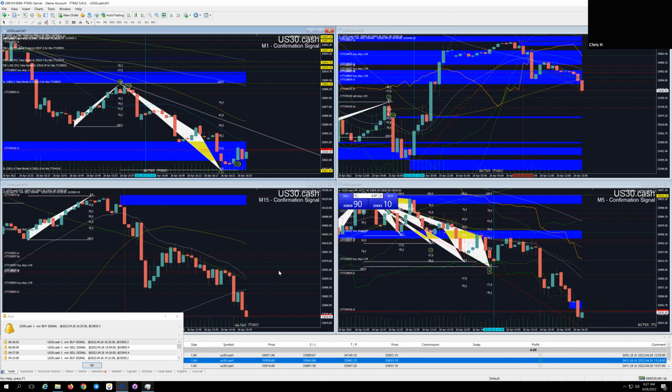Right. And that's where it's really good, because if the LB doesn't play out properly, like for example, in these scenarios here, we got an LB here, we got an LB here, we had an LB here. They're not playing out. We're thinking price will shoot up because we're getting an LB, but we didn't get enough push.